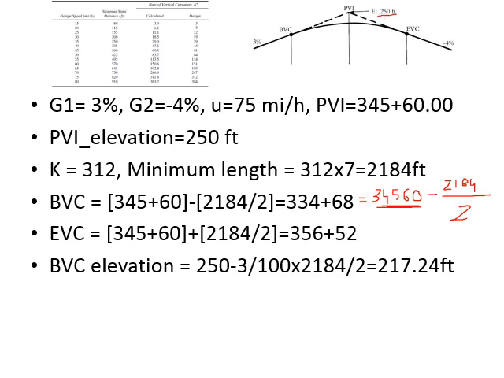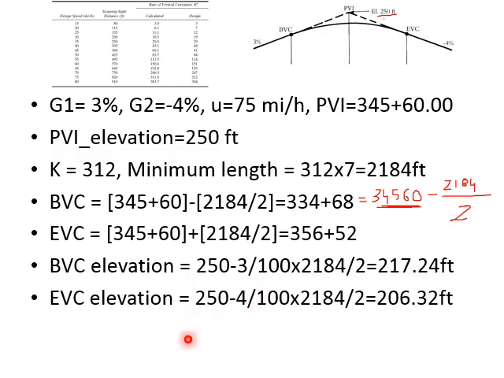You can see it here. Minus, because you can see in the image here BVC is below PVI, so you do minus. The gradient is 3%, so minus 3% into the distance between PVI and BVC, which is half of the length, so half of the length here. So the elevation of BVC is 217.24 feet.